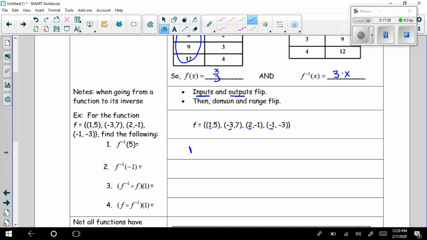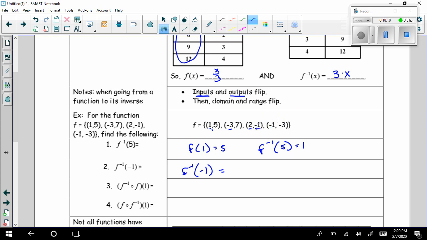So where f of 1 is equal to 5 in this function, the inverse of f at 5 will equal 1. And so the inverse of f at -1, if we look up here, when it was -1, it was -3. Oh, sorry, we're looking at y values.